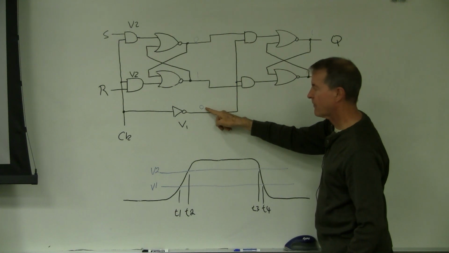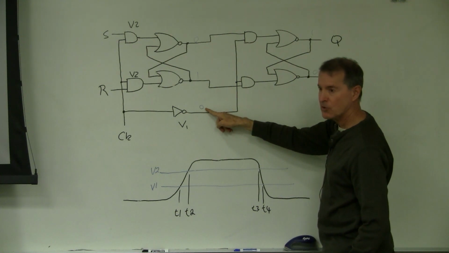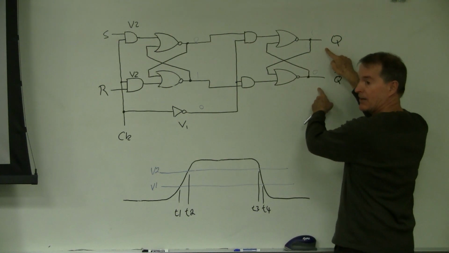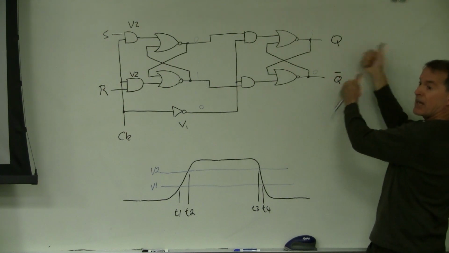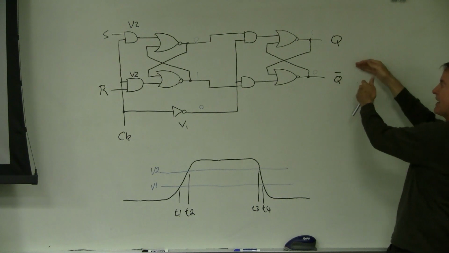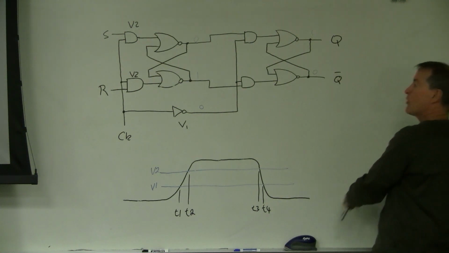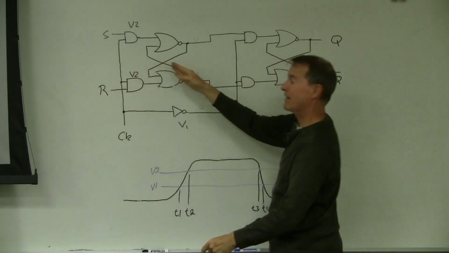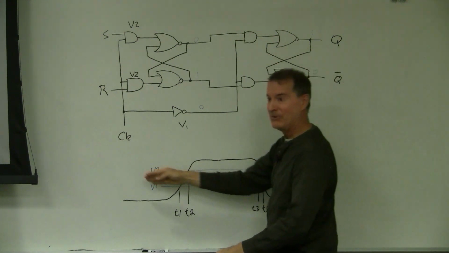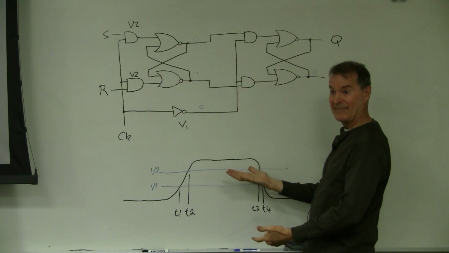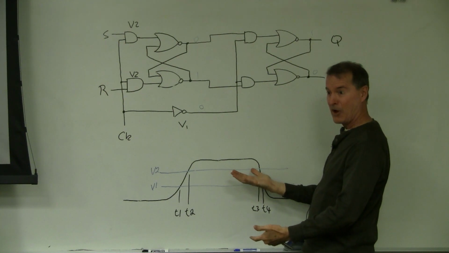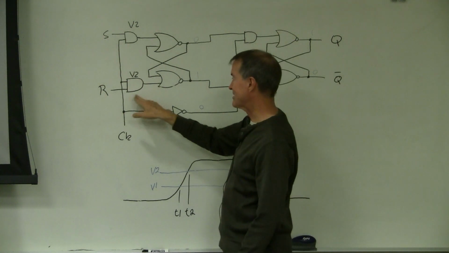This 0 is going to flip up to 1, and all of a sudden Q and Q bar might change. But look, if there's external feedback that comes from here all the way down to here, is it going to go through? No. Why not? Because this is disabled from this.